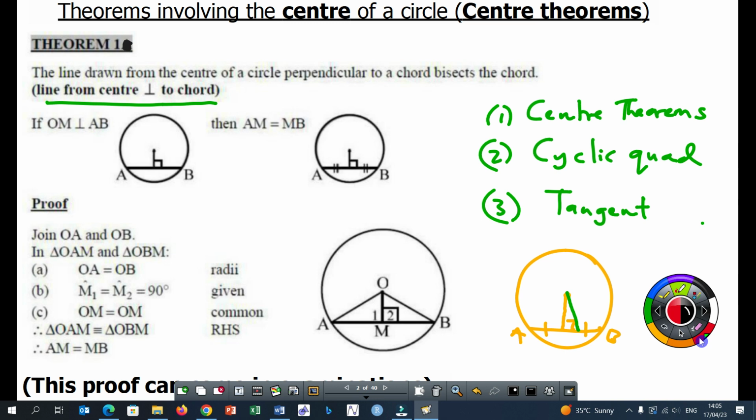Those are the 4 conditions of congruency.